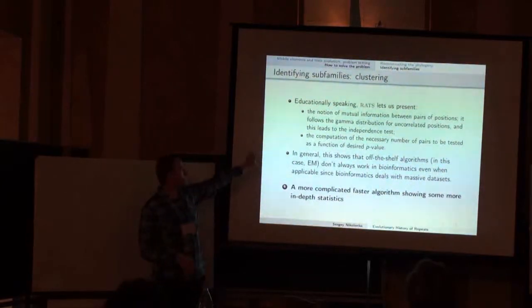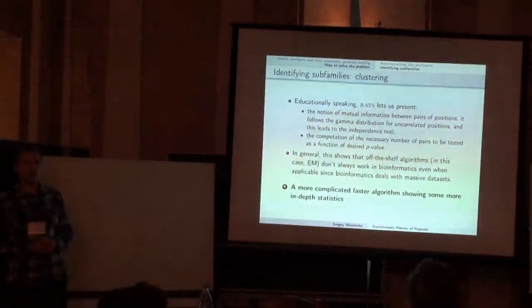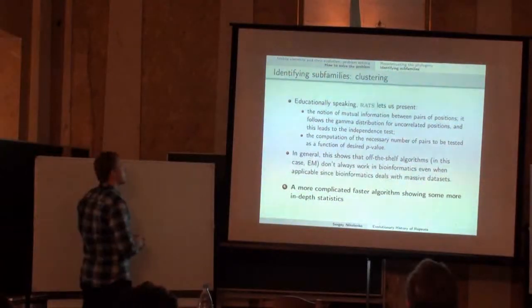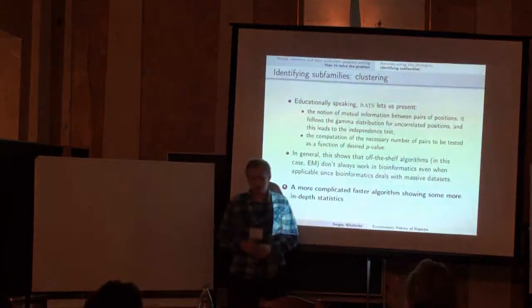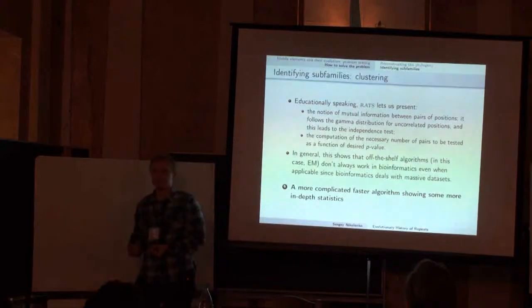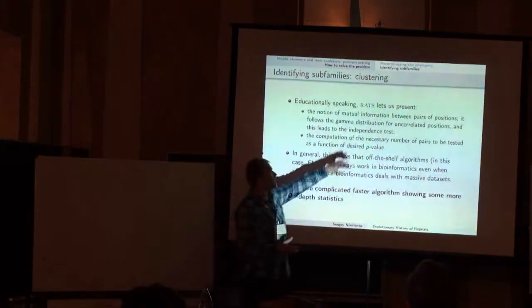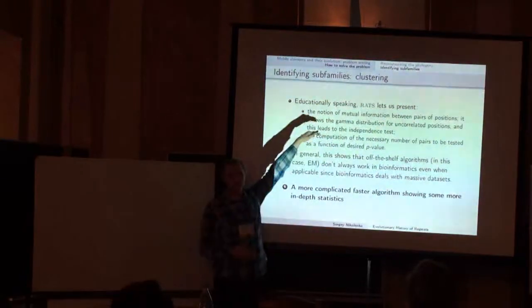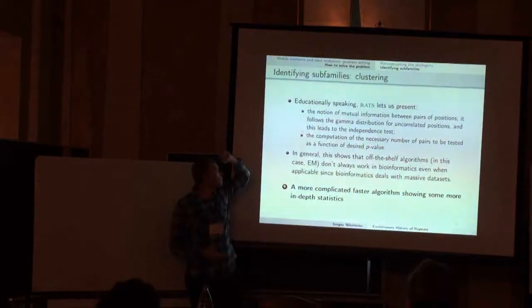And from the educational point of view, RETS lets us present a lot of interesting stuff. Well, first, the independence test is based on the notion of mutual information between pairs of positions, and the theorem that if the positions were uncorrelated, it would follow the gamma distribution. So this would lead to a statistical test for independence, right?